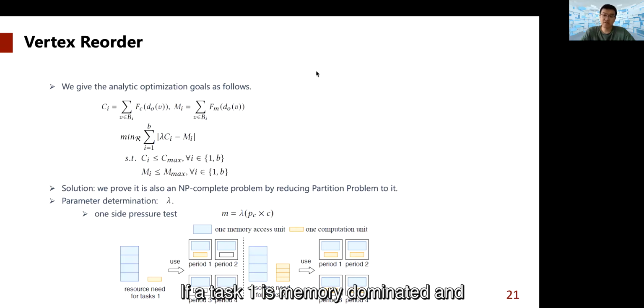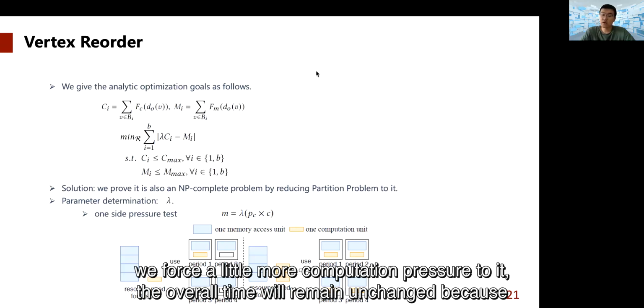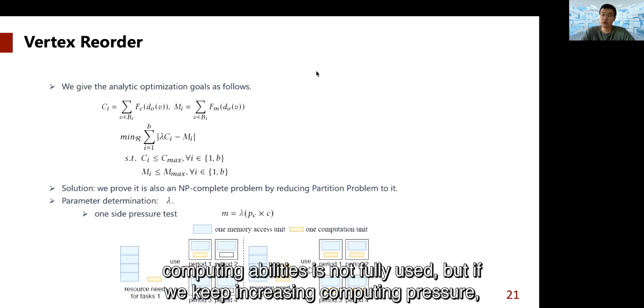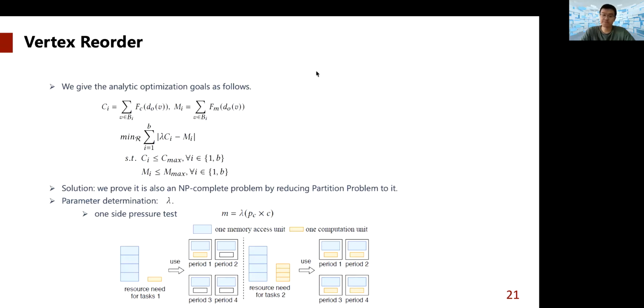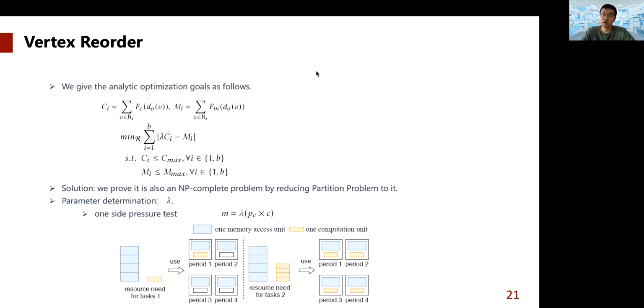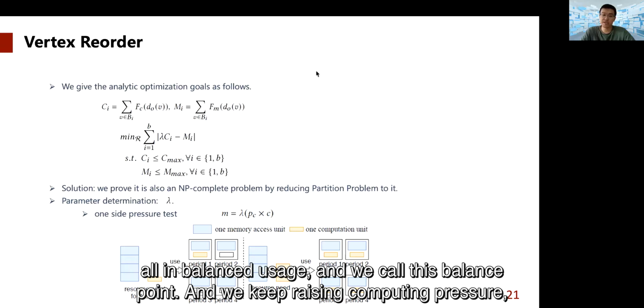If task 1 is memory dominated and we force a little more computation pressure on it, the overall time will remain unchanged because computing ability is not fully used. But if we keep increasing computing pressure, it will reach a condition where both resources are in balanced usage, and we call this the balance point.